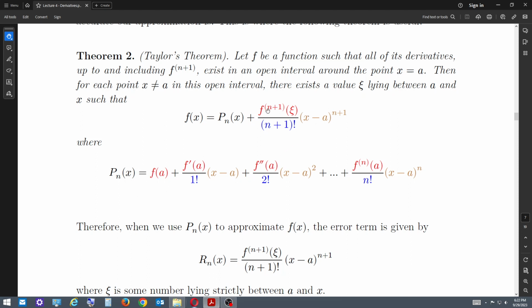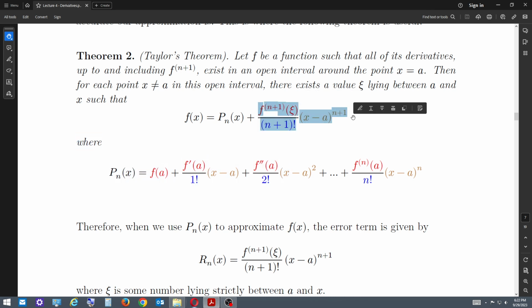Now for this error term, notice Pn stops at the nth derivative, with x minus a to the power n and n factorial in the denominator. What we do is imagine what the term after this in the polynomial would be: the n plus 1 derivative at the point a over n plus 1 factorial times x minus a to the power n plus 1. We take that, and the a that we would have had inside, we replace with xc. That is what the error term is.